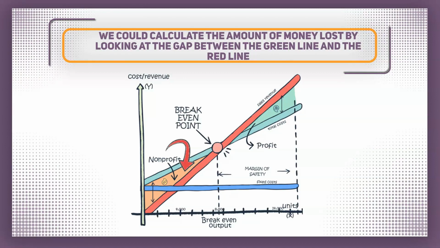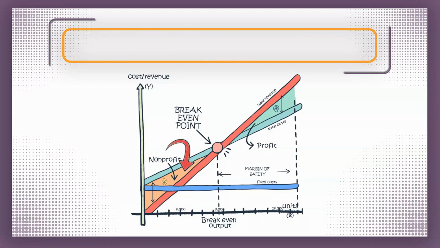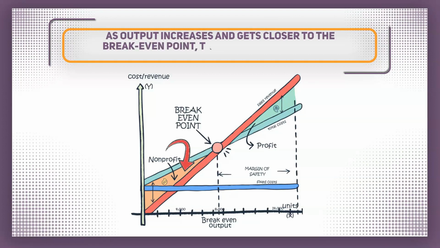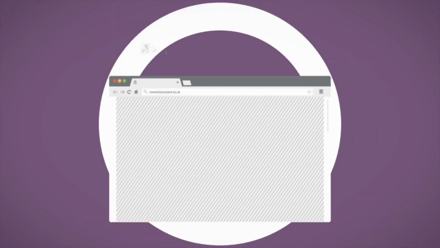As you can see on this side, the gap between the two lines to the left of the break-even point gets narrower as output increases. So in other words, as output increases and it gets closer to that break-even point, the amount of loss gets smaller and smaller until eventually there is no loss. And as we know, that is that break-even point.